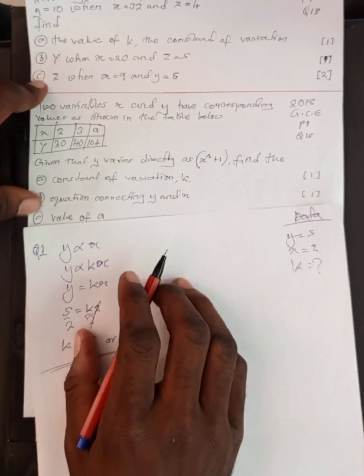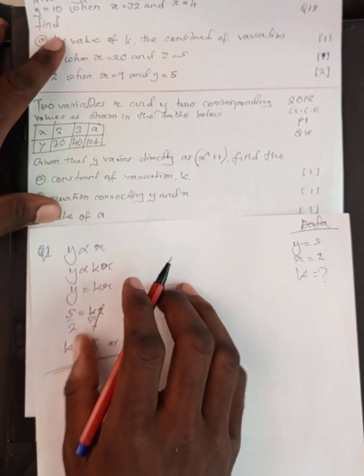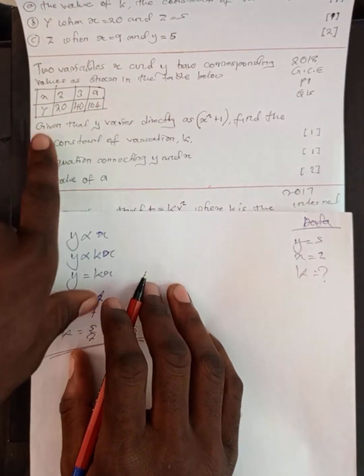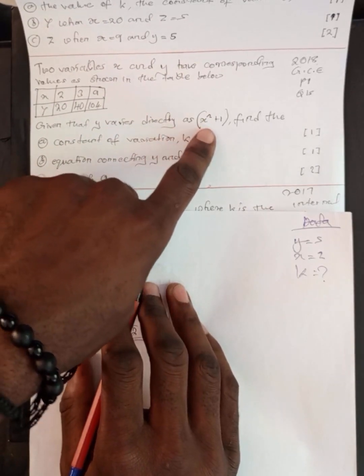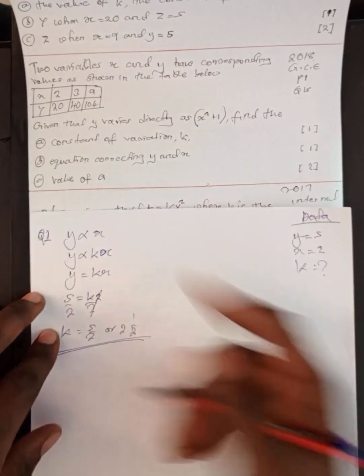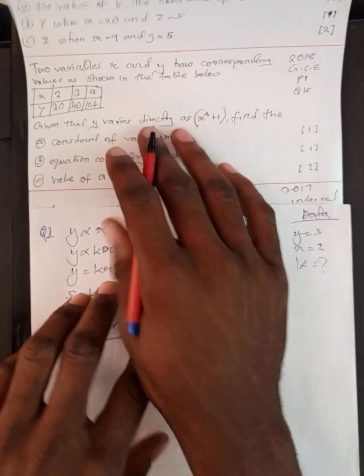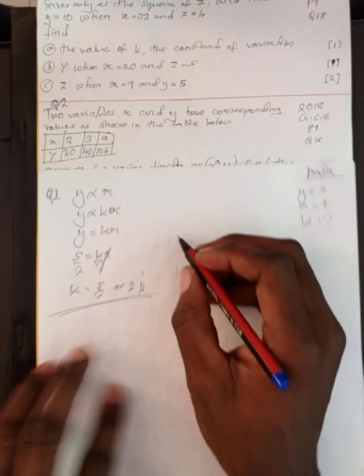So we have the values of x and the values of y. Given that y varies directly as x squared plus 1, find the constant of variation, which is k. So this one is going to be our question 2.